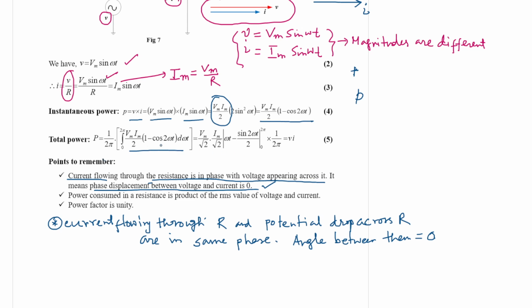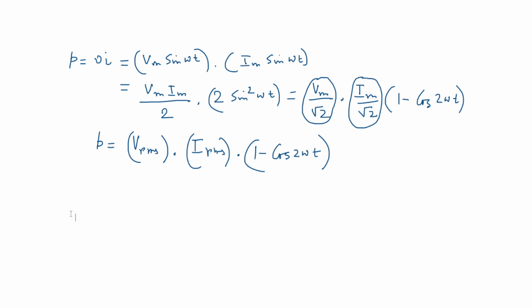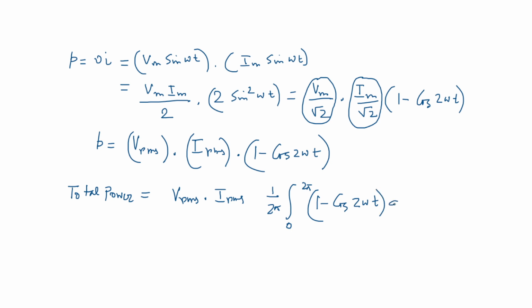So if you integrate 1 minus cos 2 omega t, the total power becomes Vrms into Irms, 1 by 2 pi integration 0 to 2 pi of 1 minus cos 2 omega t d omega t. So it will be Vrms into Irms.